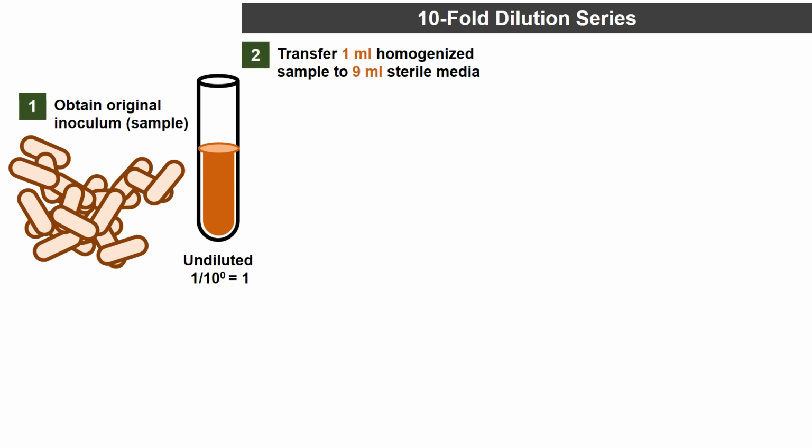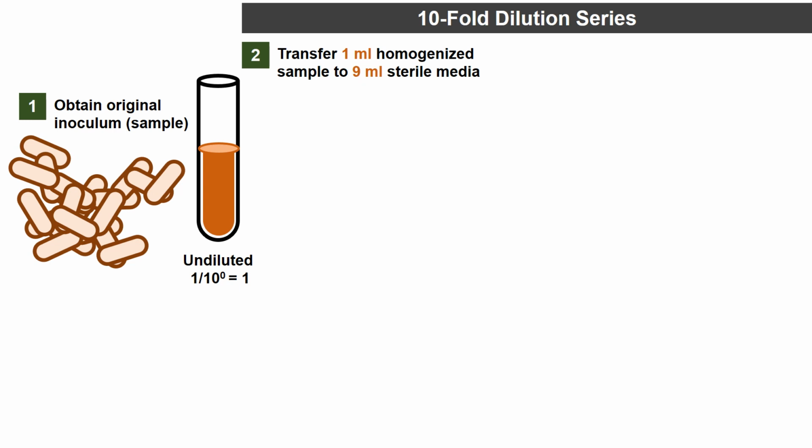Step 2 in the lab, we're going to grab our instrument of choice, and it's going to be used to transfer 1 milliliter of the homogenized sample from that orange original inoculum into a new test tube that contains 9 milliliters of a sterile medium. So, transfer 1 ml into a tube containing 9 mLs.